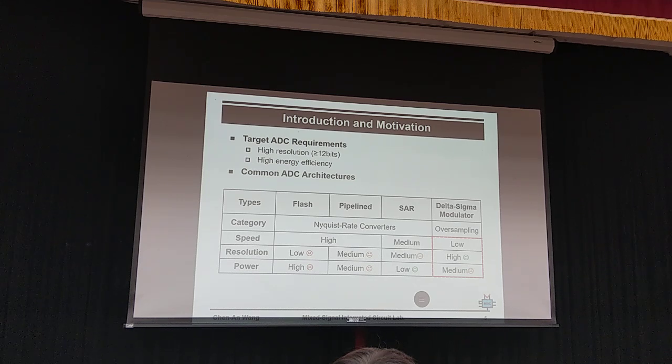Through the loop filter, the system aggressively pushes the in-band quantization noise away to higher frequencies. By combining these two technologies, we can utilize a very simple low-bit quantizer to achieve a higher dynamic range and resolution. This makes delta-sigma the perfect candidate for our low-power and high-resolution requirement.